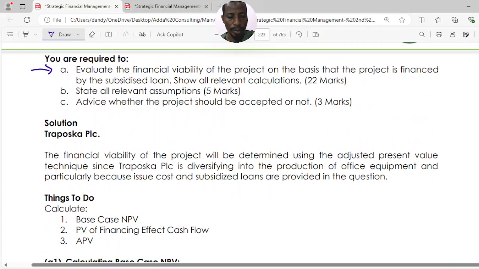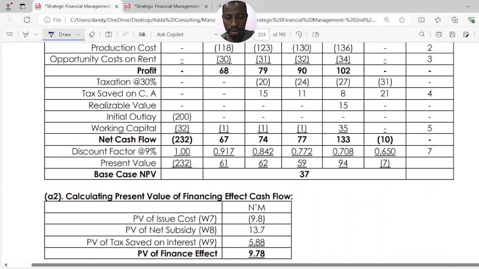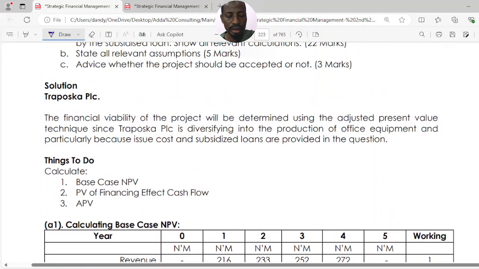Based on the solution we have prepared here, the first thing you need to do is calculate the base case NPV. You calculate the PV of financing effect cash flow. You calculate the APV, then you advise. However, how do you know that you are going to use adjusted present value?